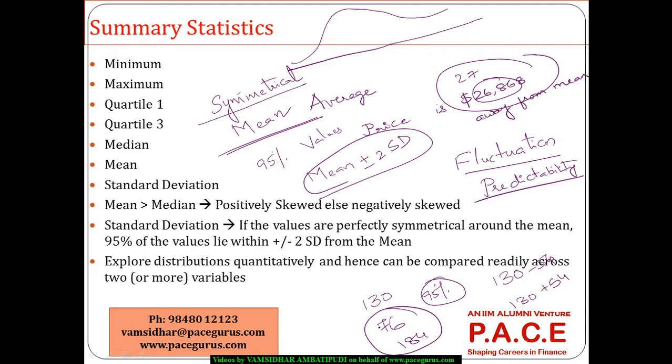Irrespective of any other analysis, I can say that the price of a house in this locality is very rarely lesser than 76,000 or greater than 184,000. Only 5% of the houses will have a value more than this or less than this.